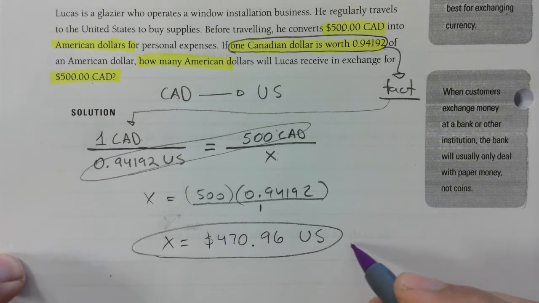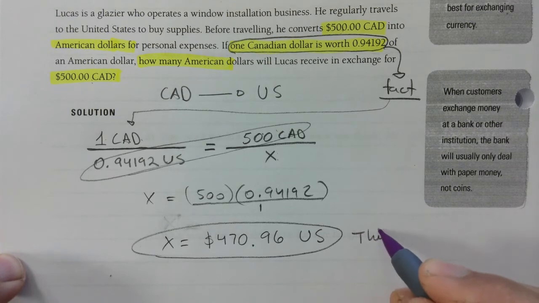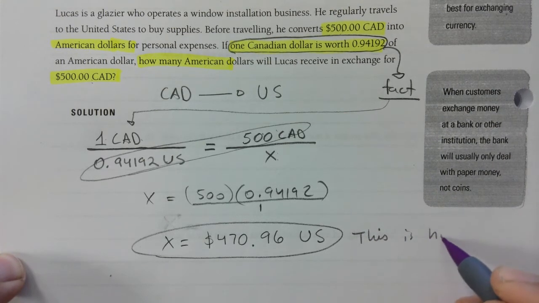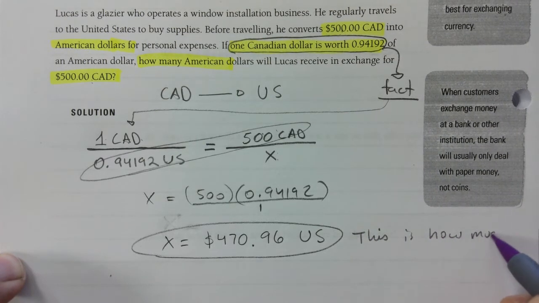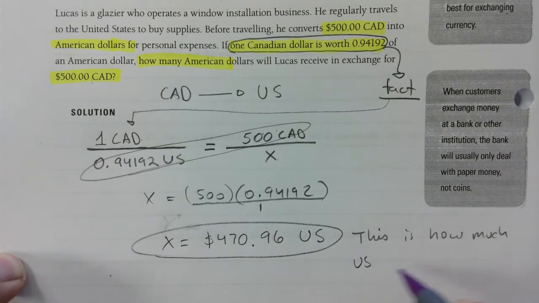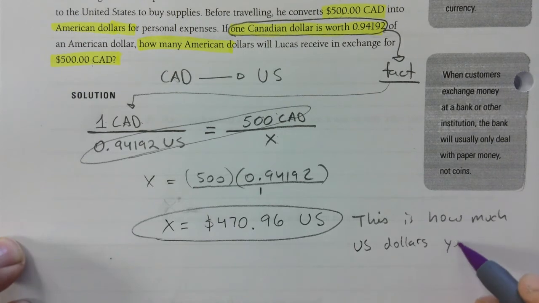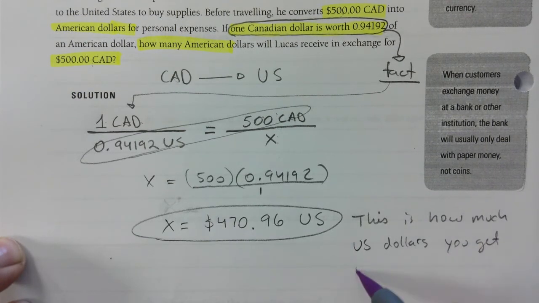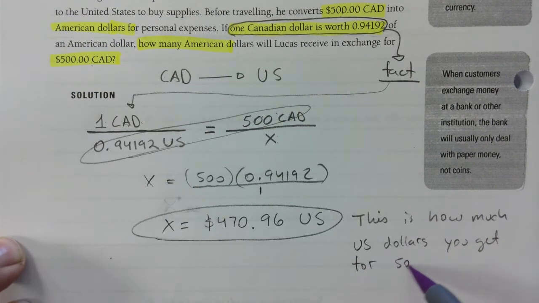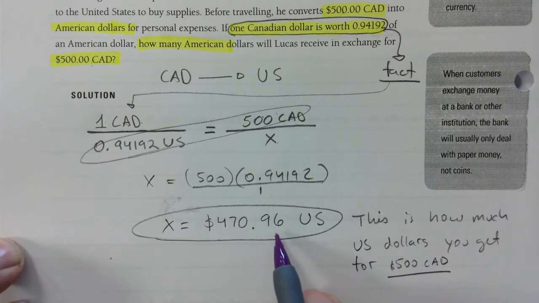So in a sense, this is how many US dollars you get for 500 Canadian. That's basically what you just found.